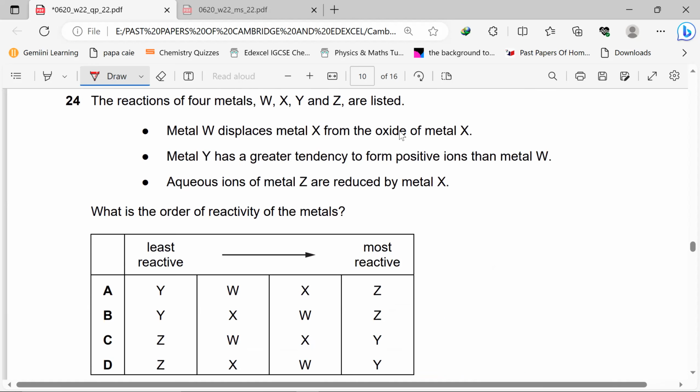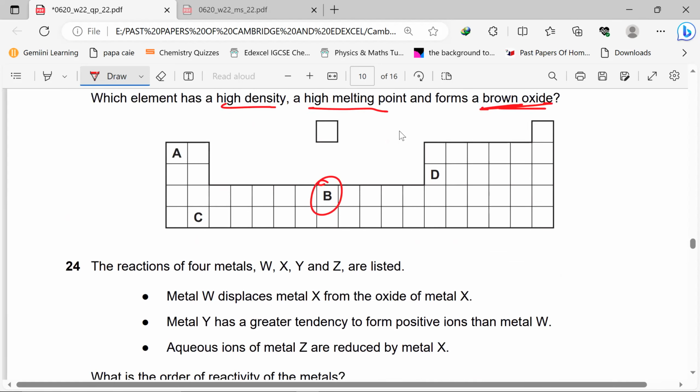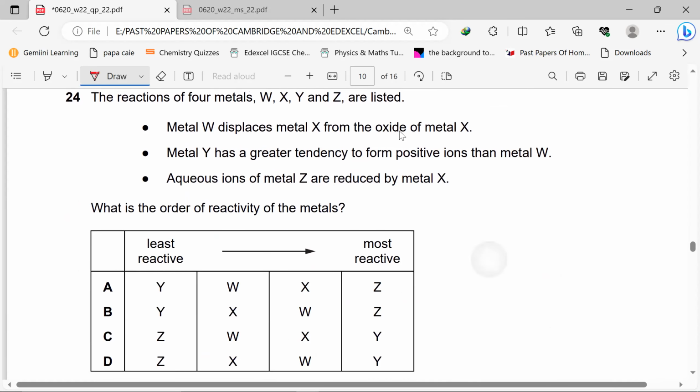If I want to add more, group 1 and group 2 metals and this D, which seems to be aluminum, do not form colorful compounds or colorful oxides.